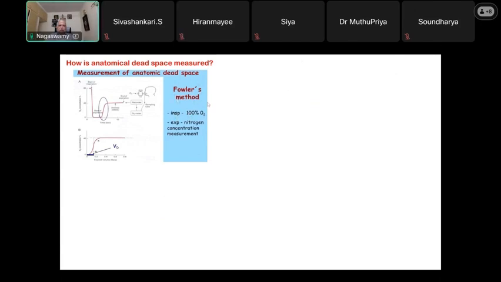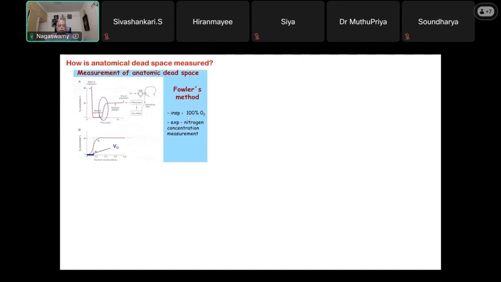So the patient is asked to inspire 100% oxygen. Because your normal air, what is the composition? Which is the majority gas? Nitrogen. Almost 80% is nitrogen, 20% is oxygen, and very minor amounts of carbon dioxide, carbon monoxide, helium and other gases. So the majority is nitrogen and oxygen.